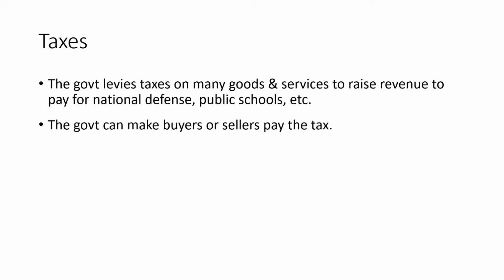So the government is able to impose tax on the buyers and sellers, and usually the sales tax is collected from the sellers and they pay it to the government. But then who actually is paying for those taxes, whether those taxes affect the sellers or the buyers?